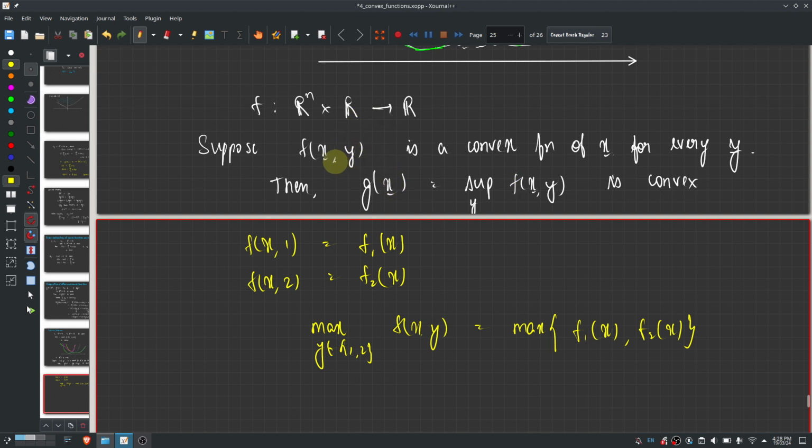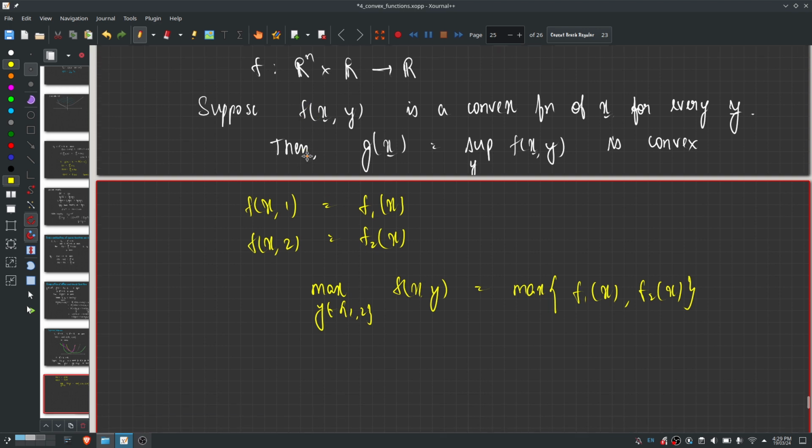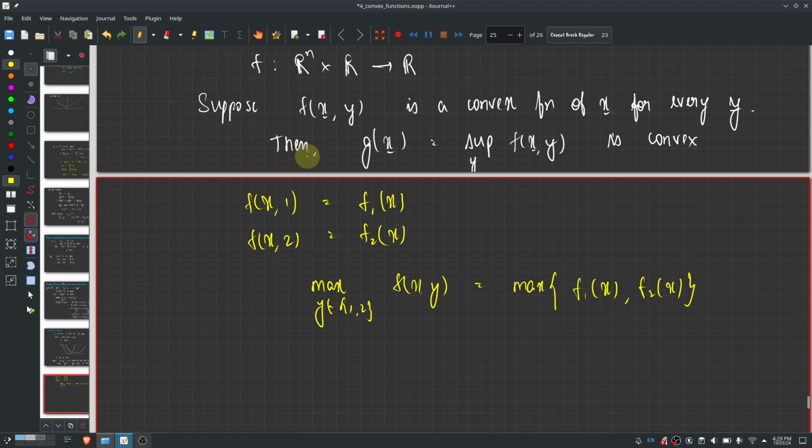So if y takes on finitely many values, then it's a maximum. That is clear. But in general, y could come from some infinite index set. The maximum may or may not be achieved, right? In which case this could be a supremum. Here is sort of a trivial example. Suppose for each x comma y, f of x comma y is equal to mod x to the power y.